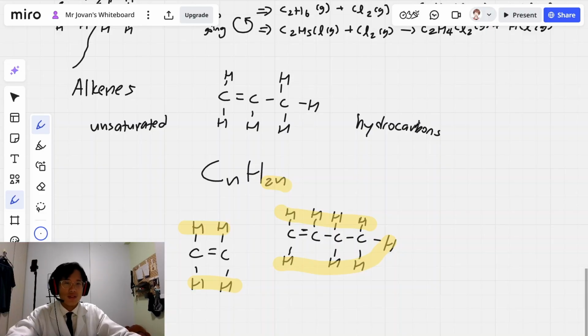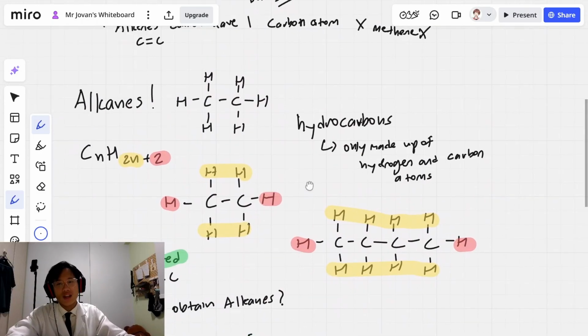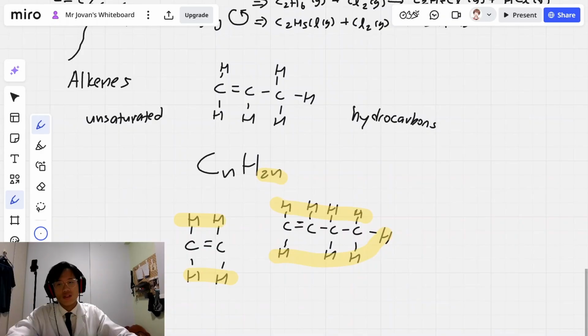So yes, they're hydrocarbons. And what do we call them? Unsaturated hydrocarbons. Just now for alkanes, what was it? Yes, saturated hydrocarbons. So alkenes are unsaturated, alkanes are saturated. If I have a double bond, it means I'm unsaturated.